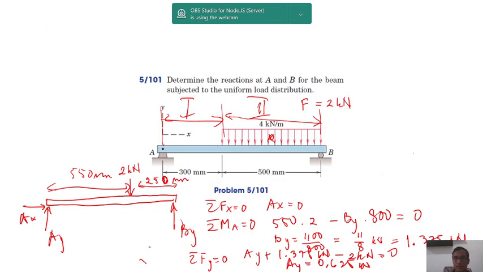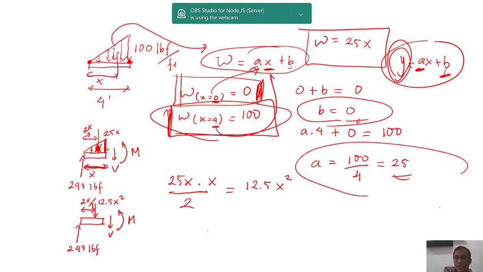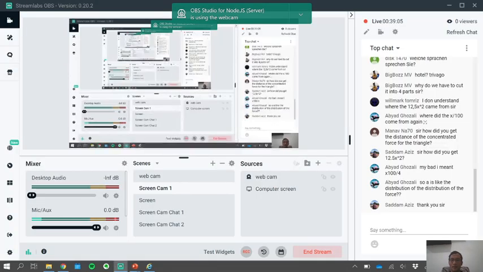And from this, when you put it there, what you will get is A is equal to 25, B is equal to 0. Okay? Any other question about that?